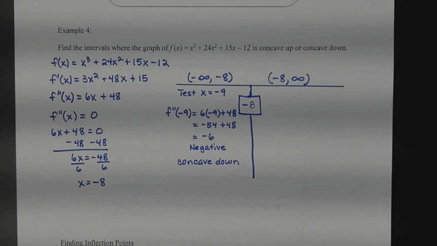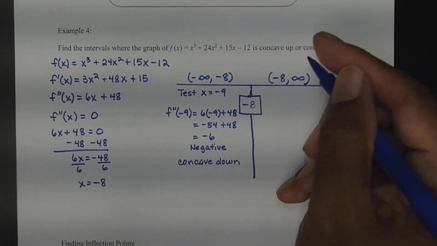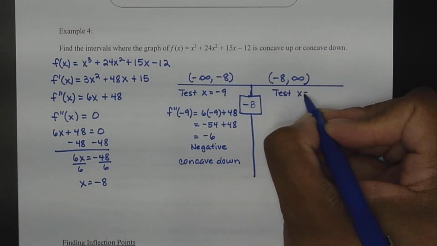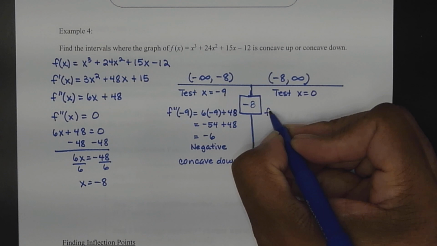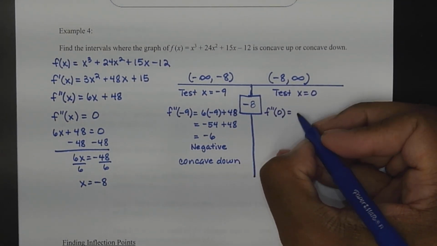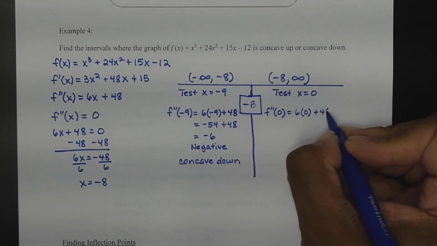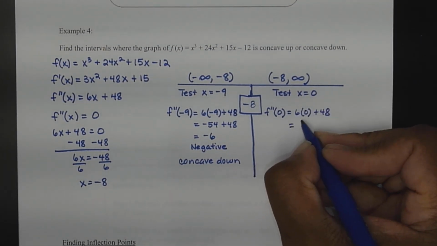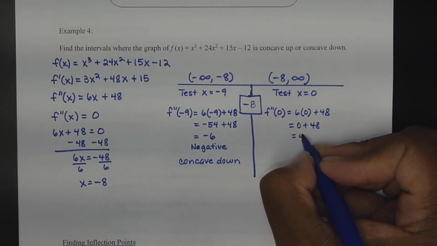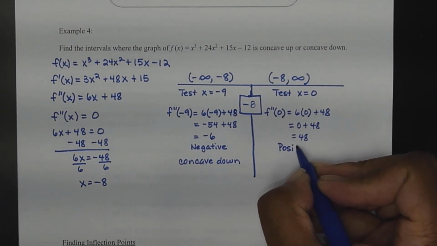And now for negative 8 to infinity, that's this interval here, we're going to test, let's say x equals 0. Then use f prime of x and replace each x with 0. So this will be 6 times 0 plus 48. 6 times 0 is 0, plus 48 is 48, and 48 is a positive number.